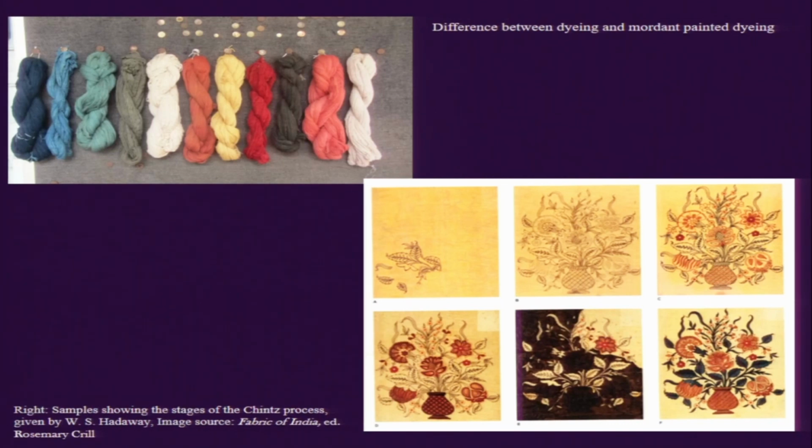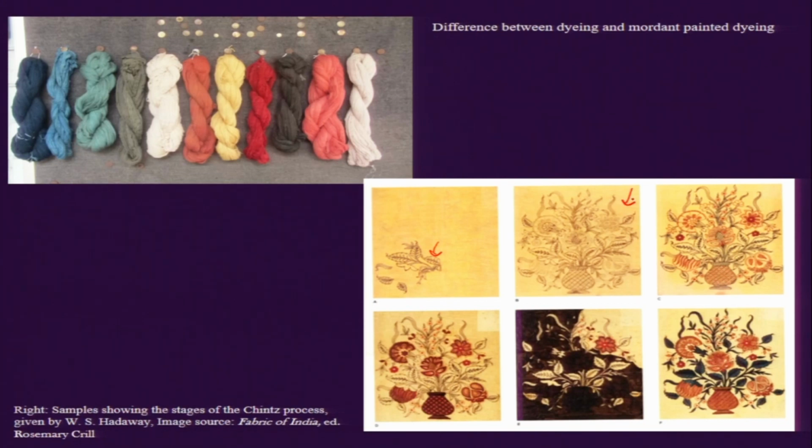For this very specific technique of applying mordant on the fabric surface in Kalamkari, take for example the images on the right side, the stages of Kalamkari drawing. In this one only part of the drawing has been done.